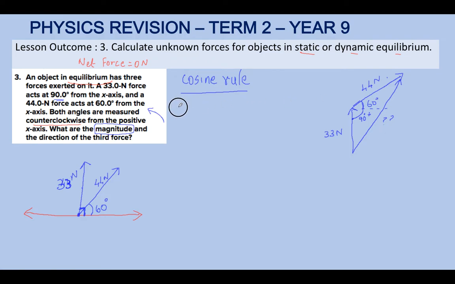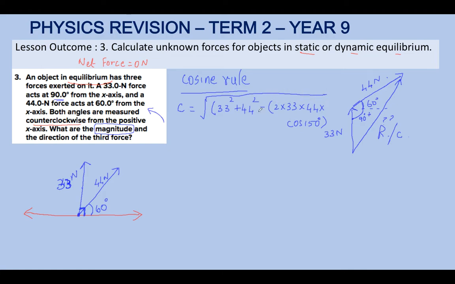So the formula is, when you take it C or the resultant, whichever one, the resultant will be equal to the square root of the sides squared, right? 33 squared plus 44 squared minus 2 times 33 times 44 times cos 150 degrees.